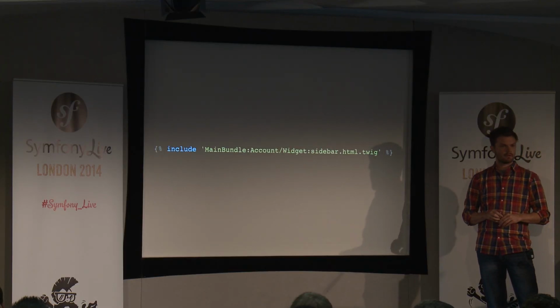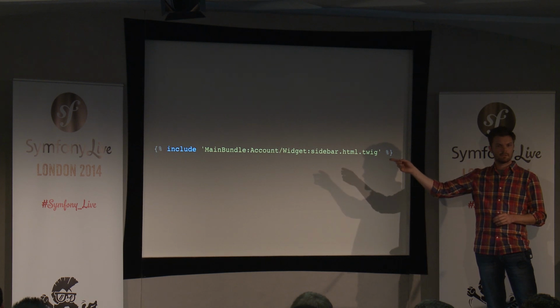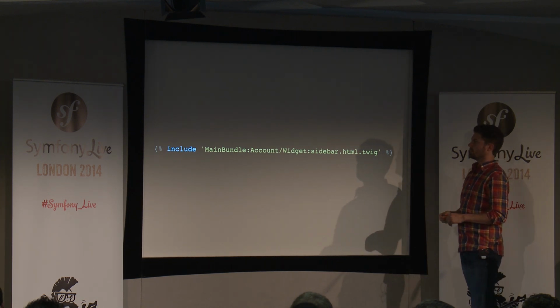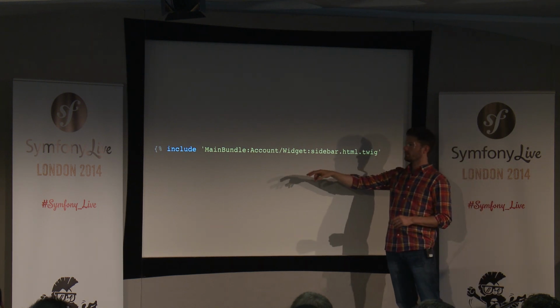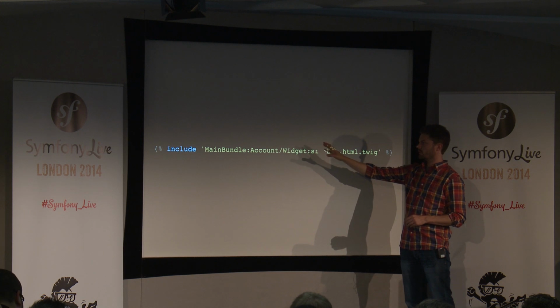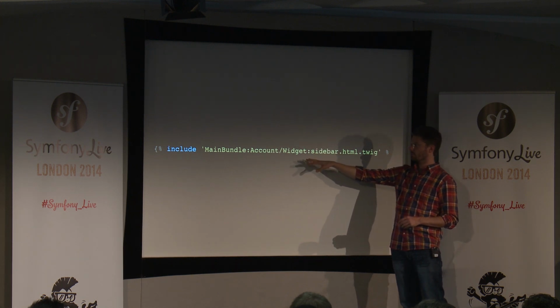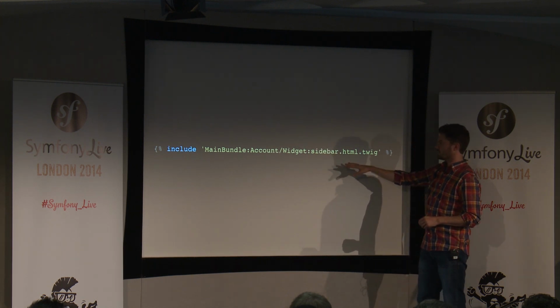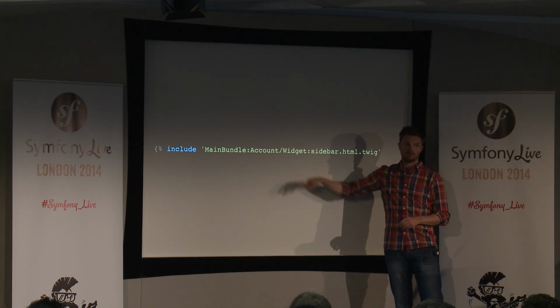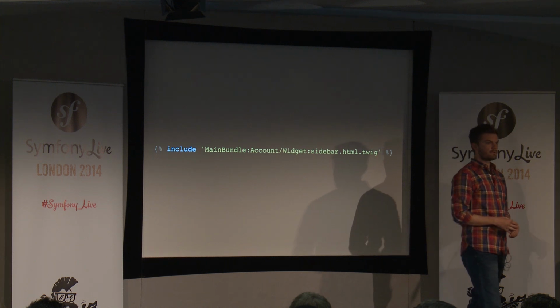Another key that I look for is something like this, where you have these long template references. So we're inside of main bundle, and then I have an account folder, and then inside of the account folder I have a widget controller, and then I have a sidebar template inside of that. So this slash right here is a flag for me.